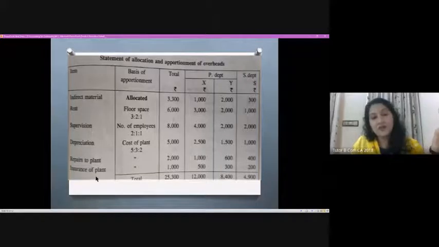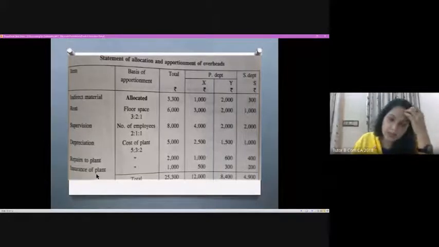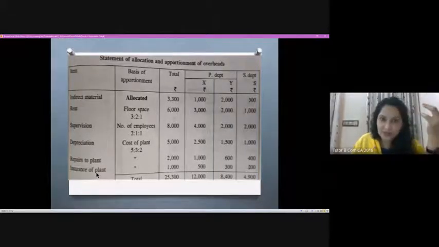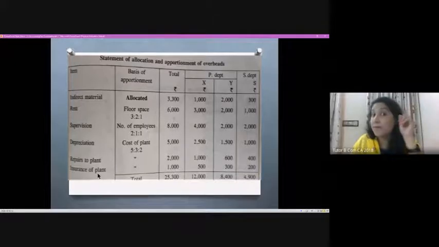Insurance of the plant, we know. See, suppose we are given cost of the plant, and the other bases we are given are floor space and number of employees. Since it is mentioned that this insurance is connected with the plant itself, it will be good that we go with the cost of the plant.